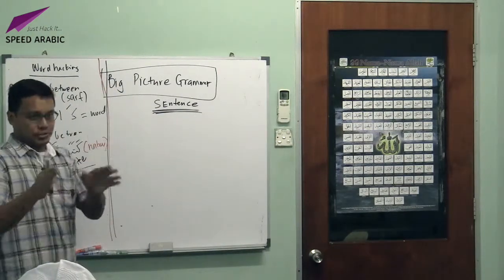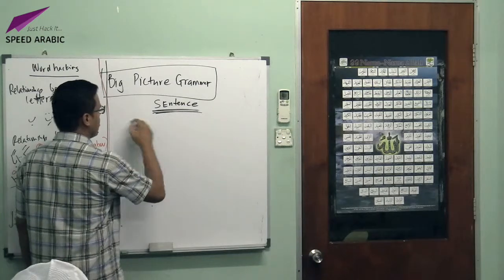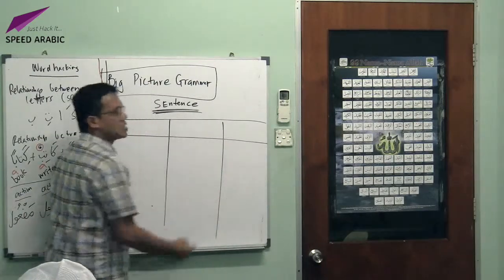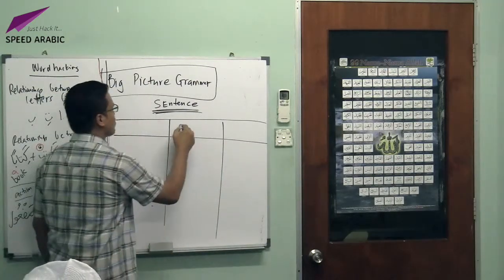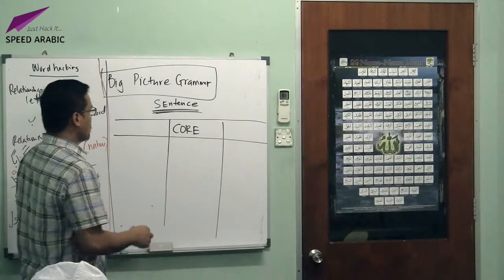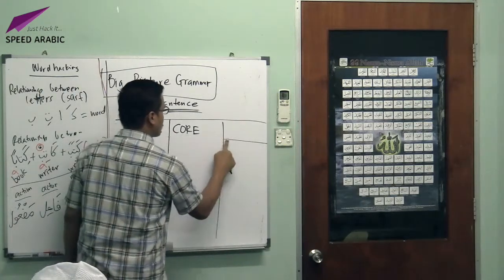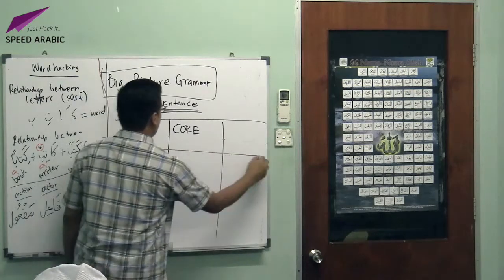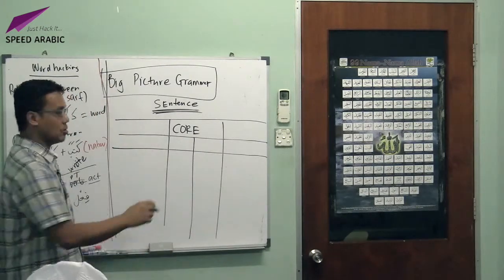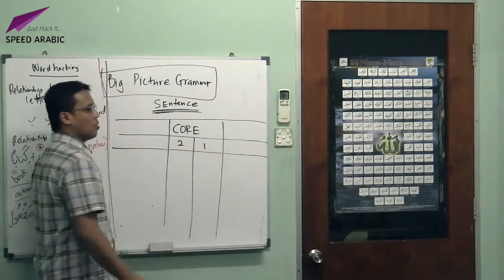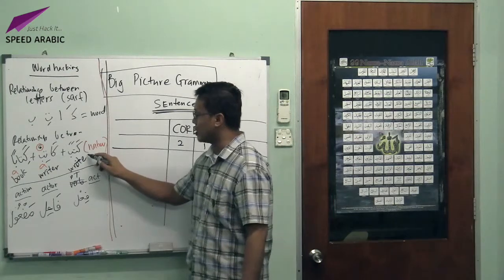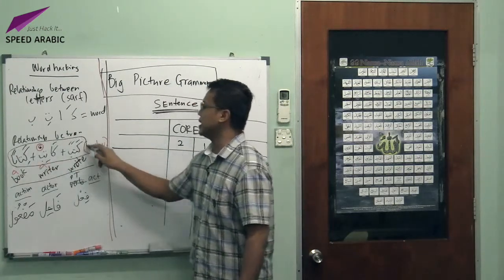What you are trying to get to is just this: the core of a sentence. Whether you are conscious of it or not, you are trying to get to the core of a sentence. And the core of a sentence is divided into two. There are two cores of a sentence. So we'll just take this as an example.